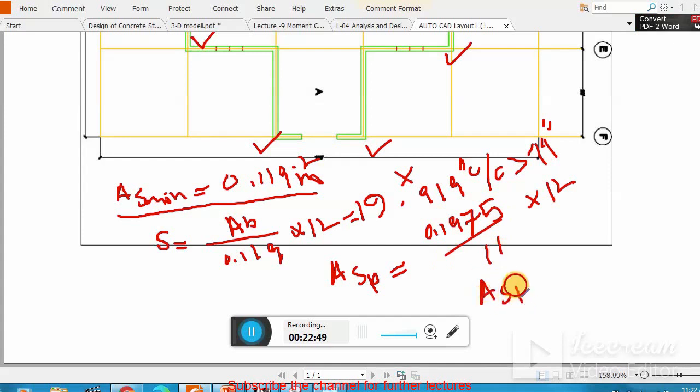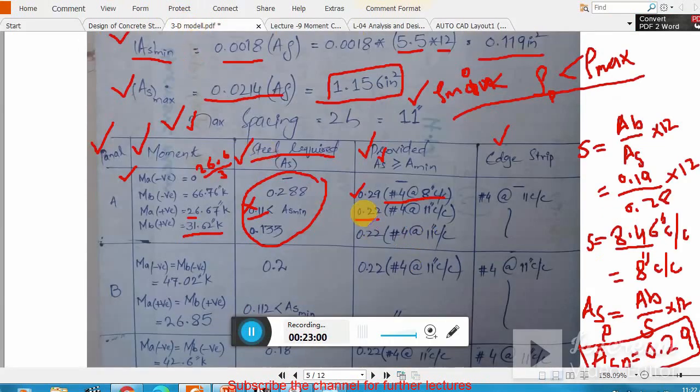So this will give me As provided, and that As provided will be 0.22. Remember, this is the key concept behind 0.22, which I write here.